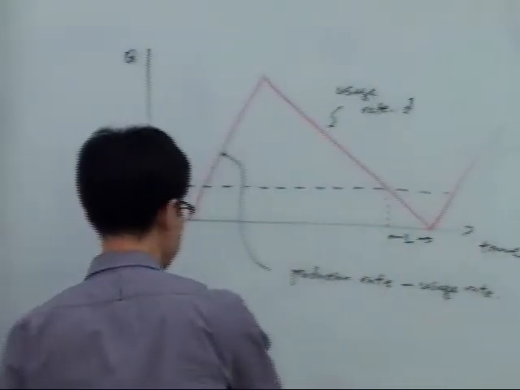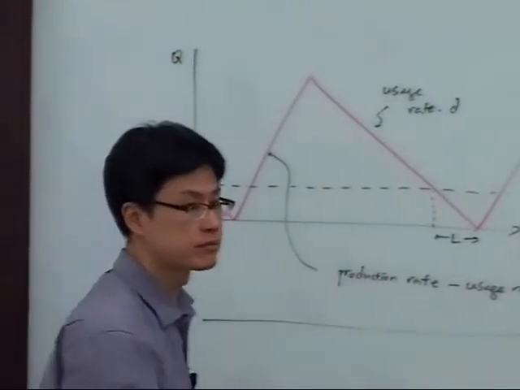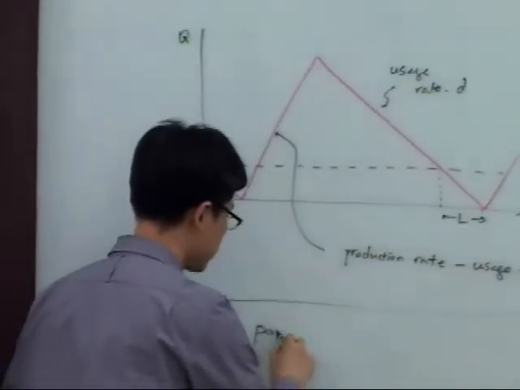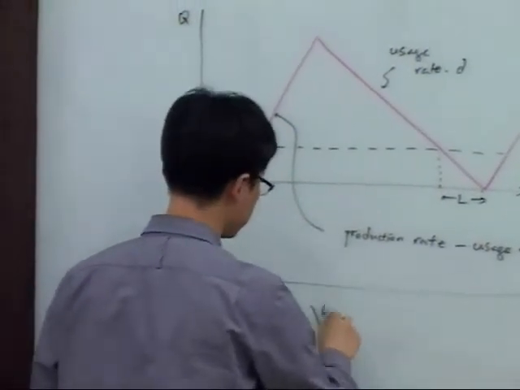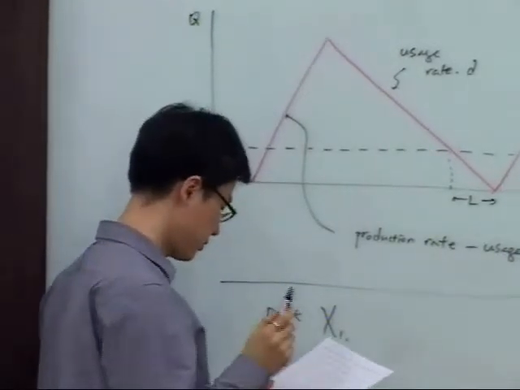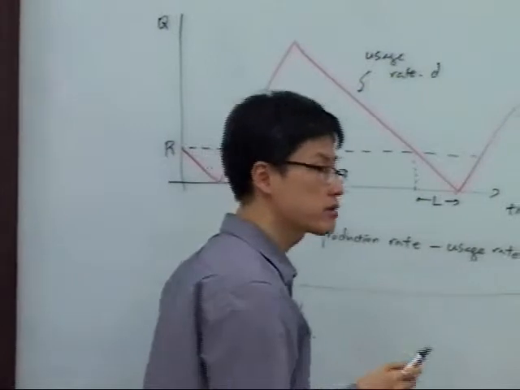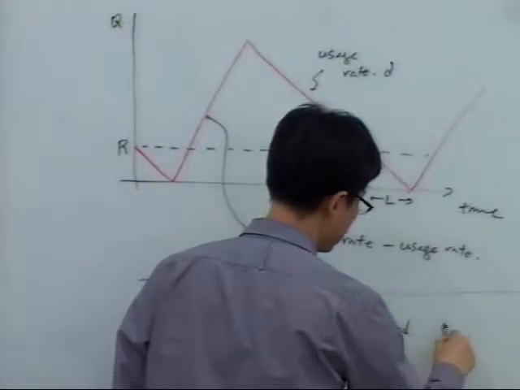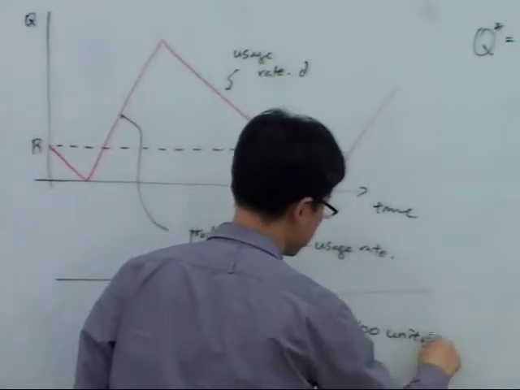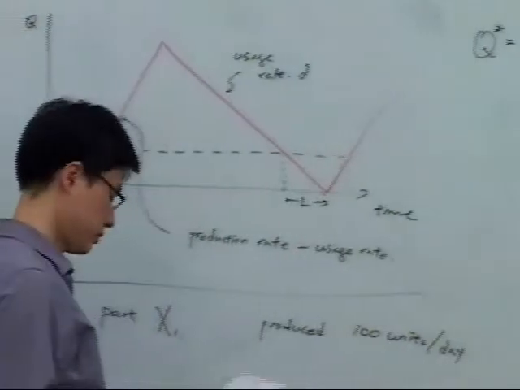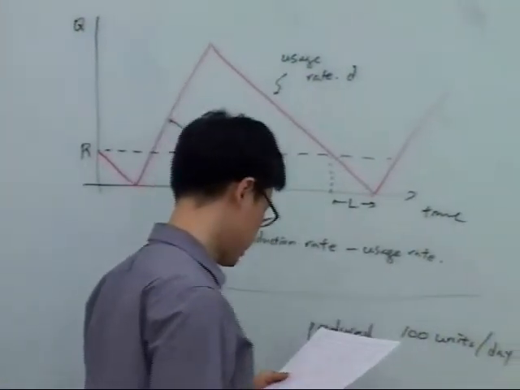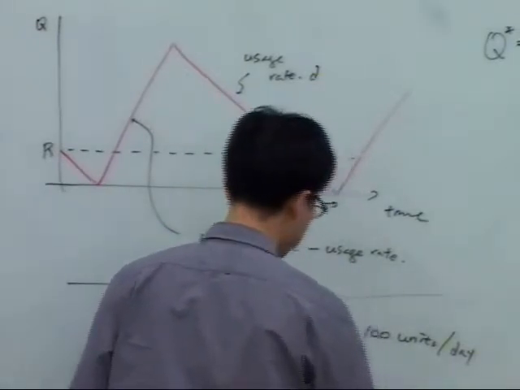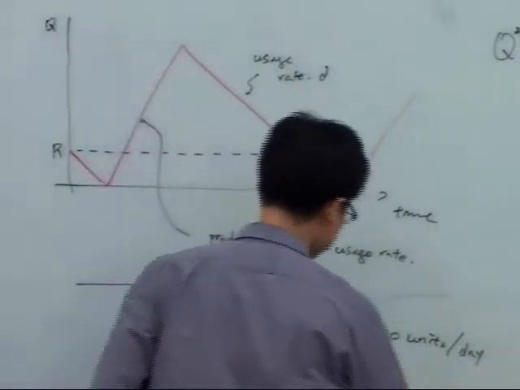Okay, let me give you a virtual example to explain this more. Let's say there is a part X1. This part X1 is produced at 100 units per day and used in the assembly line at 40 units per day.